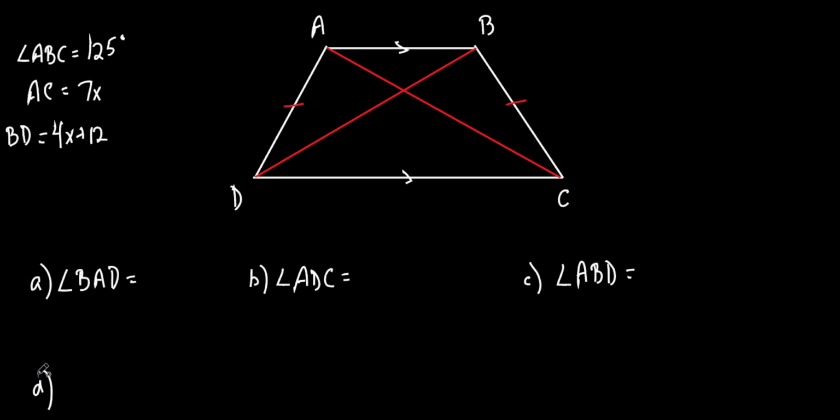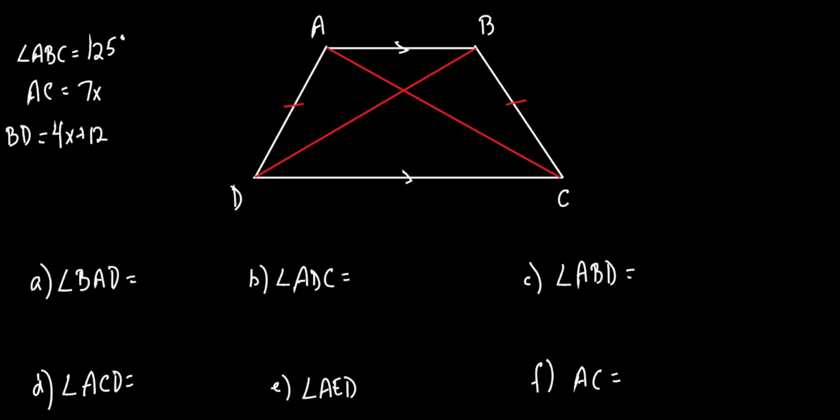So part D, they ask for angle ACD. Part E, angle AED. Man, they ask for a lot of stuff. And then they ask for one thing about the sides. They ask for line segment AC. Everybody good?